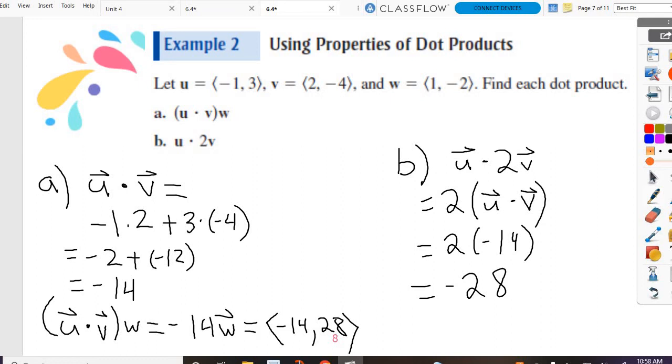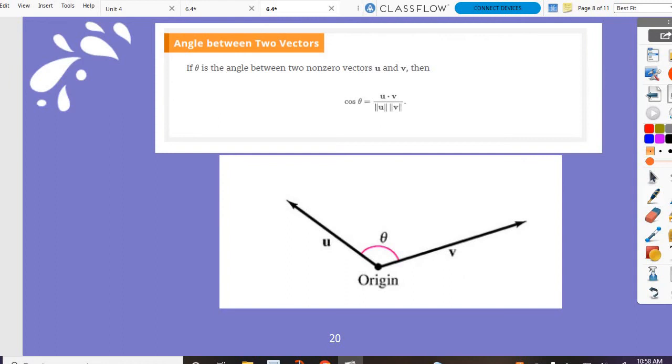Now, this is in our trig unit, and we haven't done a ton of trig stuff with this. There are a couple of different trig things that we can do. So remember we talked about technically our magnitude is the distance formula, which we get by the Pythagorean theorem. And the other thing that we're going to look at is we can also find the angle between two vectors using a cosine.